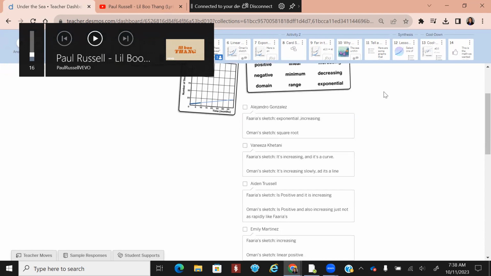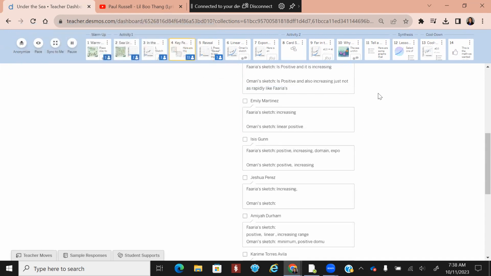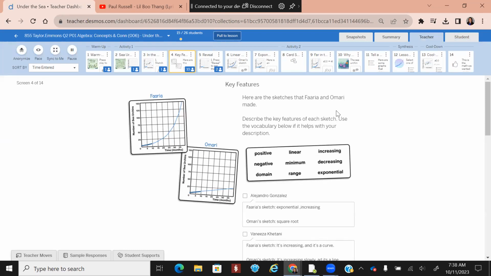Some say it's a curve, some say it's positive. What makes it positive and negative? Do we know? Positive is above the x-axis and negative is below the x-axis. There's a difference between increasing and being positive.